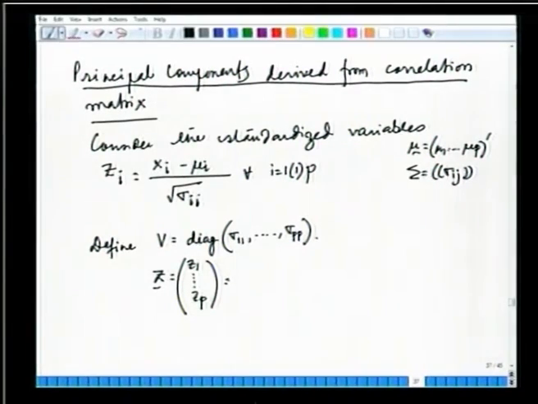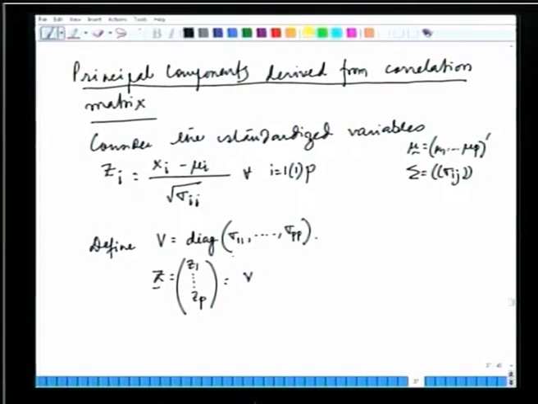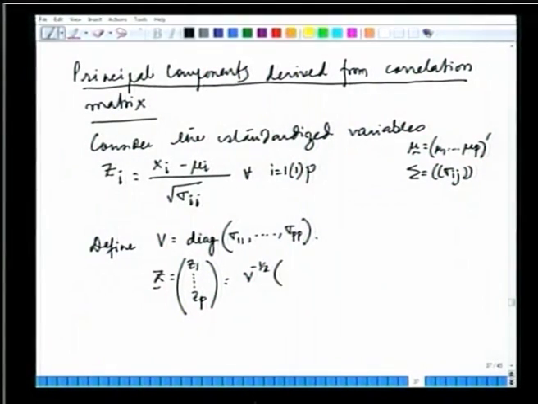In terms of the x vector, now that I have defined V and the diagonal elements are all positive, V is a positive definite matrix. I consider the inverse square root of V, by spectral decomposition. This gives me V to the power minus half, and the rest of it is x minus mu.